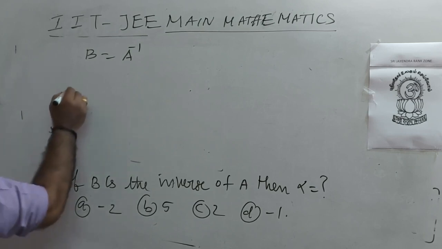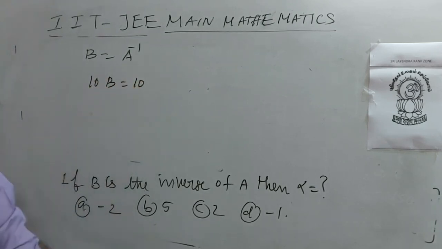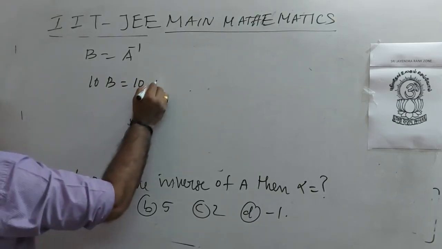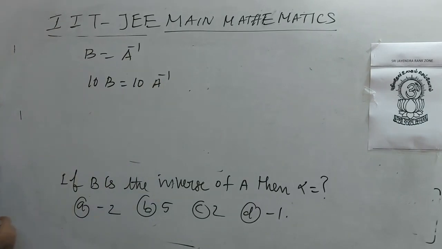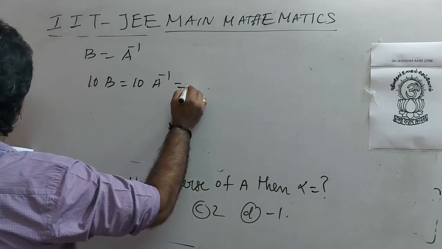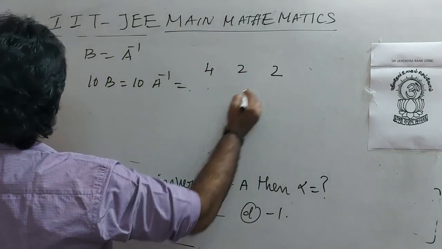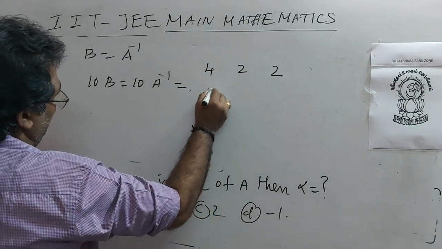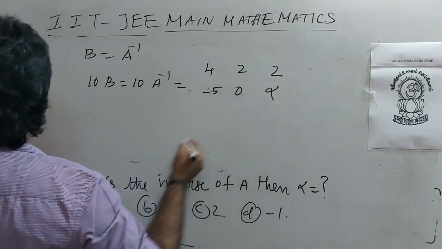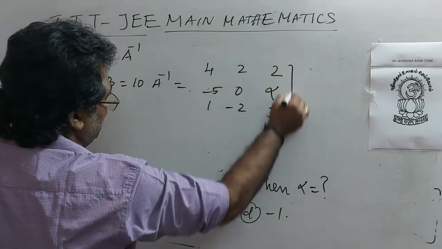So 10B equal to 10 A inverse equal to 4 2 2, minus 5 0 alpha, 1 minus 2 3.